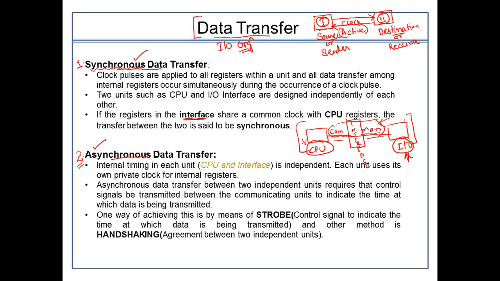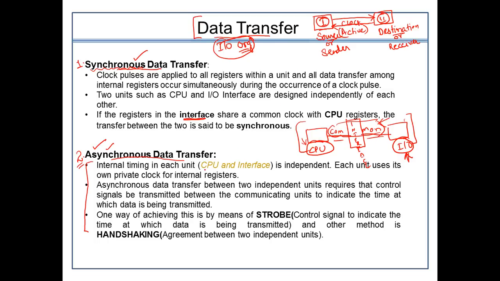So this is the one point to understand, that data can be transferred between input output devices and the processor through the asynchronous manner. Now let's understand asynchronous data transfer in depth.